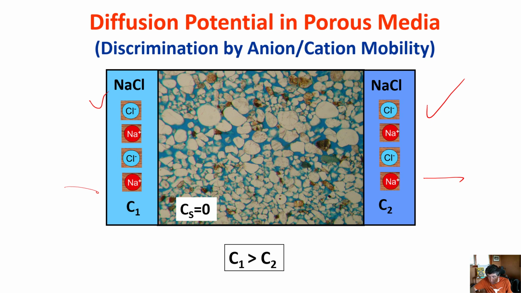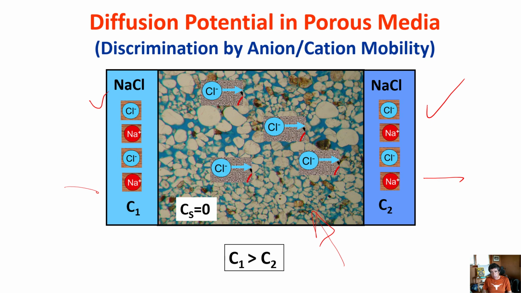But if we force this equilibration process to take place through a porous medium, then we know that one of the ions will have higher mobility than the other. Consequently, the one that has more mobility in this case is chlorine. Sodium is also going, but the one that has a higher transport number will tend to go more than sodium.